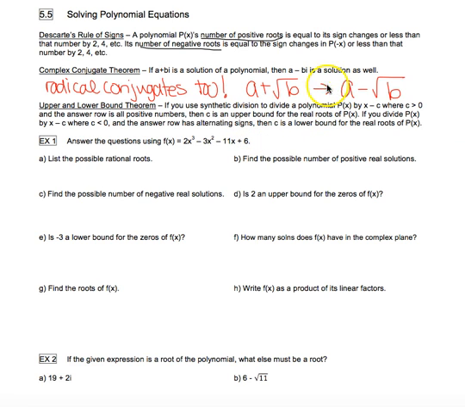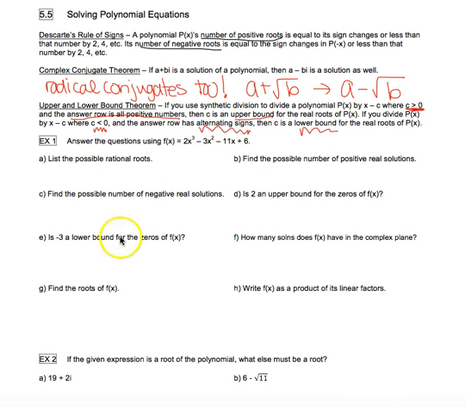The key when we're going through these is that c has to be bigger than 0 in order to have an upper bound, and the answer row of your synthetic division has to be all positive numbers. So both those things have to be true for c to be an upper bound. When we're looking at a lower bound, c has to be less than 0. You have to have alternating signs in the answer row in order to be a lower bound.